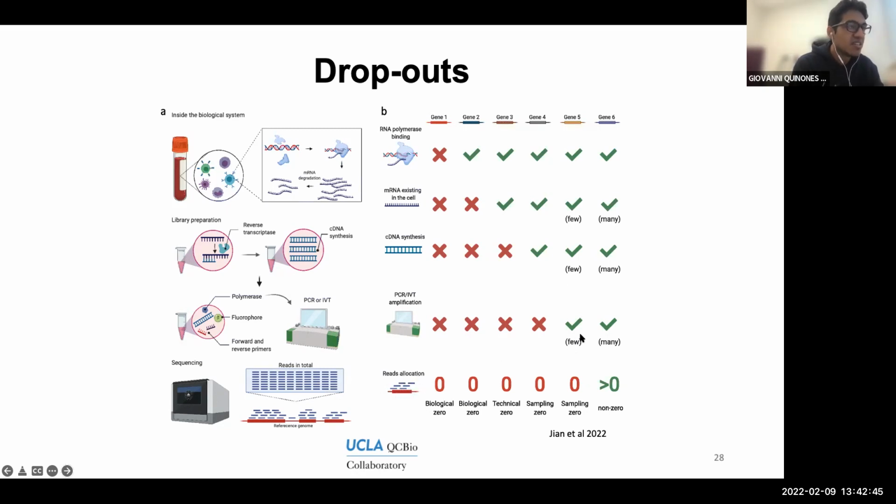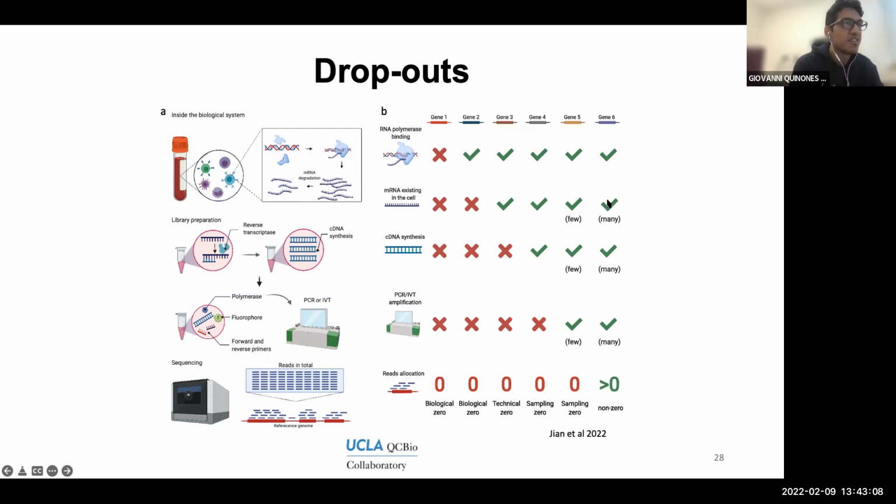In that case, you're also going to end up with a sampling zero, meaning given the amount of material, in this case the amount of reads, and the chances of a given read getting aligned, it just did not happen that this particular gene was able to get matched with a number of reads.